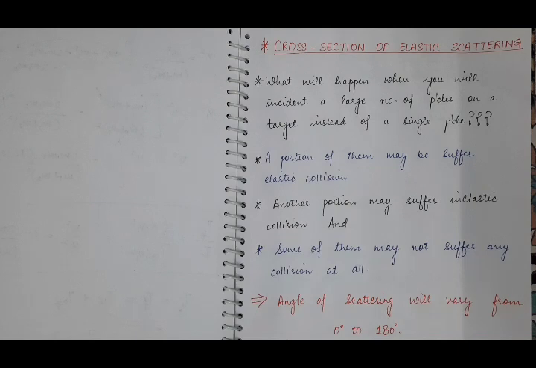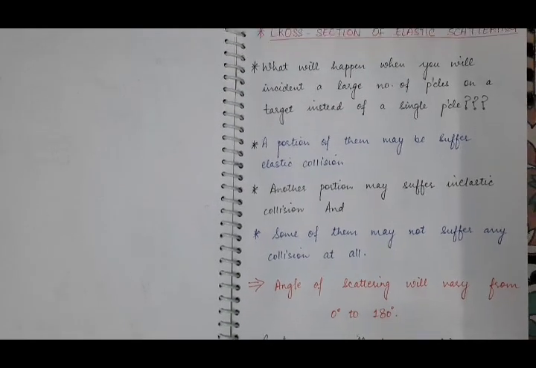It means they will not interact with the target particle at all. So from all these three possibilities, what can we conclude? We can conclude that the angle of scattering will vary from 0 to 180 degrees.